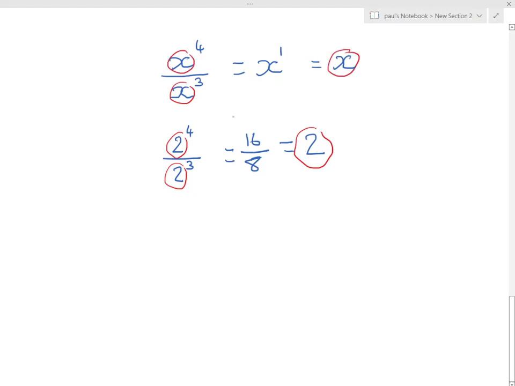So we've got the rule here that anything to the power of 1 is itself.